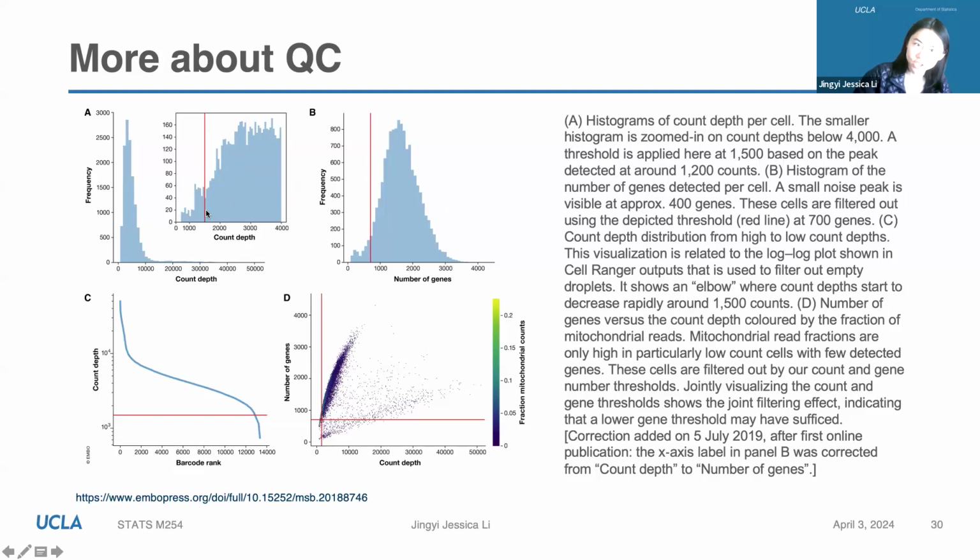But my question is, why don't you go here, right? There's a minor peak right here as well. So that's my question. Okay, and then for number of gene filtering, it's here. I think it's 700 genes. So the droplets with fewer than 700 genes were filtered out. And here the rationale is a small noise peak is visible at approximately 400 genes.